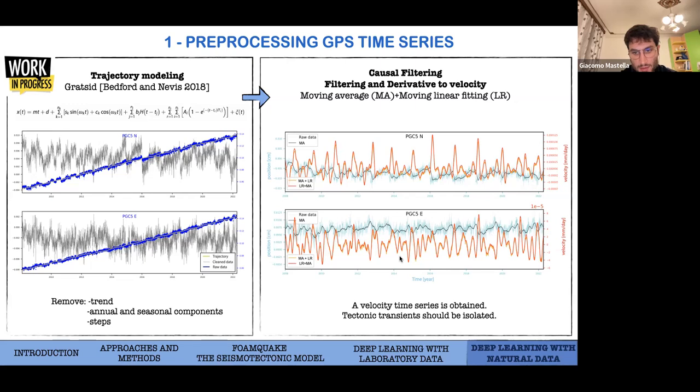Once the tectonic transients are isolated, the second thing to do is to remove the majority of noise that characterizes the given time series. One attempt that we are applying is a sort of Hamming moving average filter and a moving linear fitting to remove the majority of noise, obtaining at the same time a velocity time series.